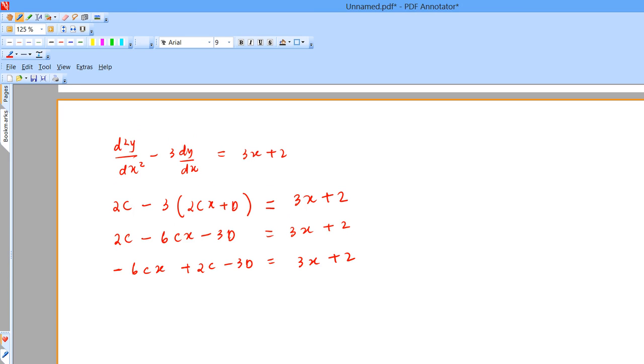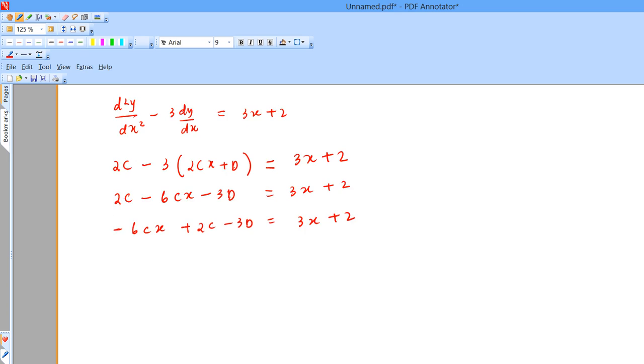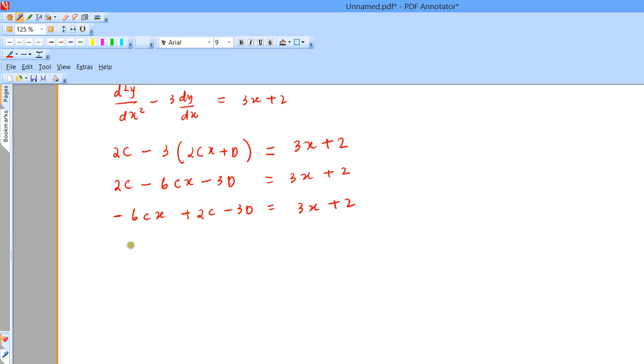So if we compare the coefficients, negative 6c equal to 3. That's the first equation. Second equation, 2c minus 3d equal to 2. So if you solve this, you get c equal to negative 1 over 2 and d equal to negative 1.